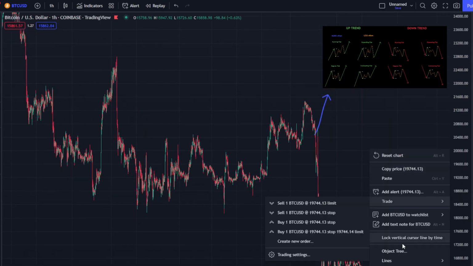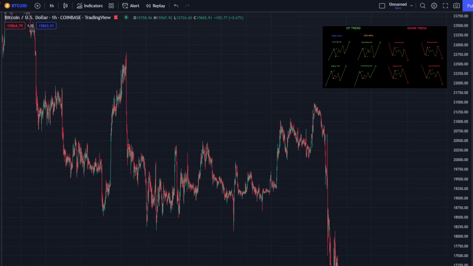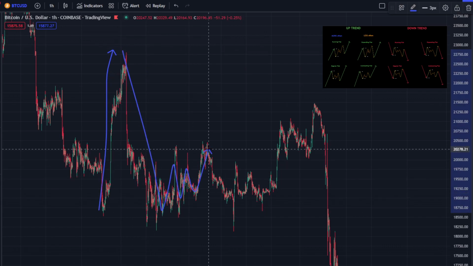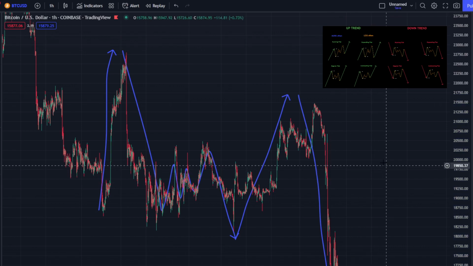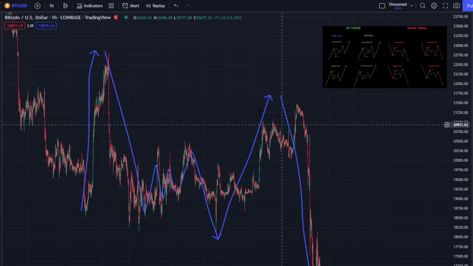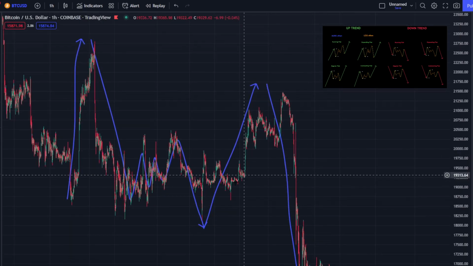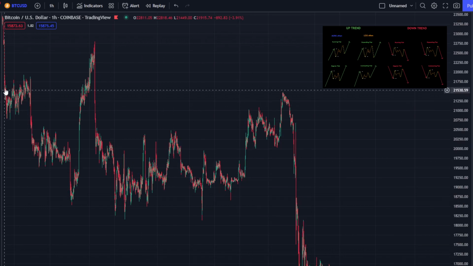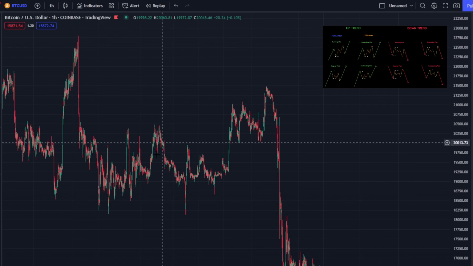But you still have to keep in mind that for bigger structure, Bitcoin is there. So if you have this impulse, you have this correction, we were expecting an up move and then a down move for a running flat that is going down. So you see a running flat in the downtrend, and we got it simply because it still works really well in higher time frames, and it doesn't go pretty complex.